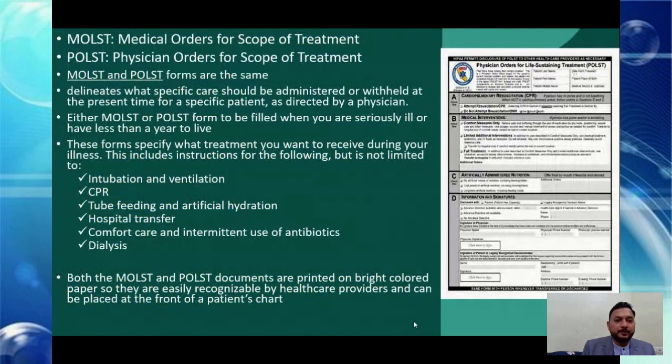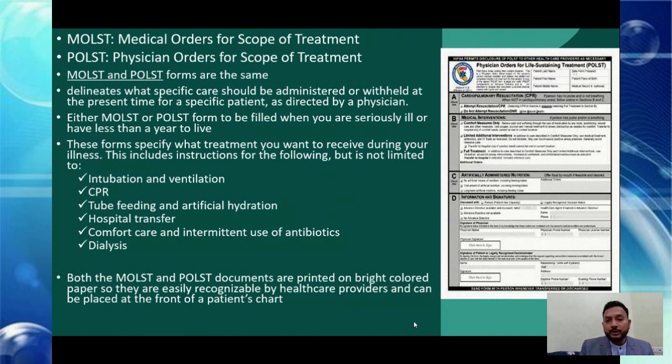Now, to quickly touch upon MOLST and POLST, as I already mentioned, both are very similar terminologies, just that some of these are used in certain states in the United States, and we would not see that in this part of the world. Basically, medical orders for scope of treatment and physician orders for scope of treatment.